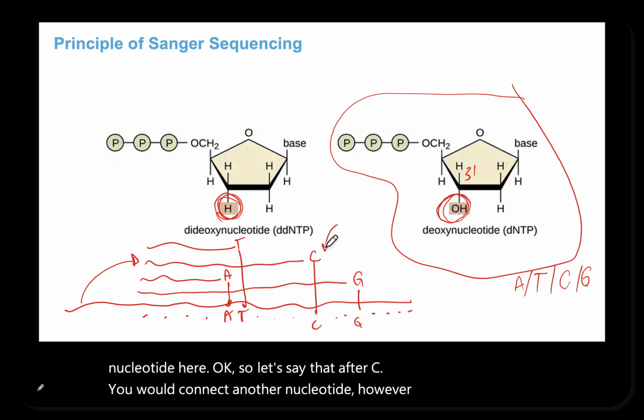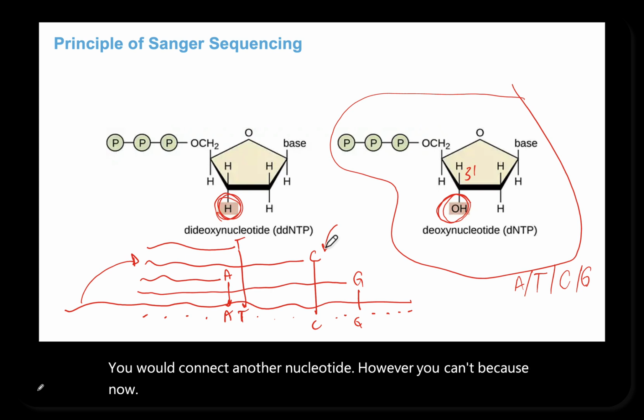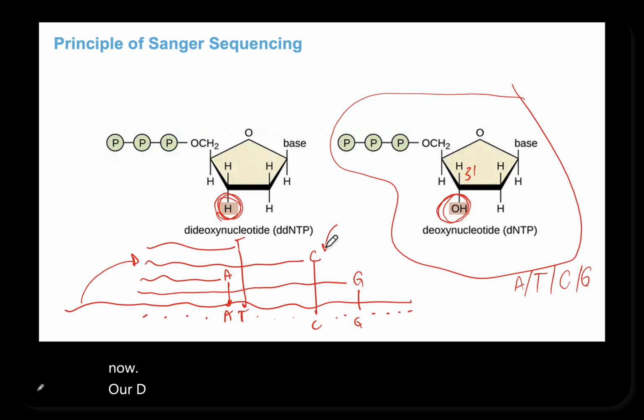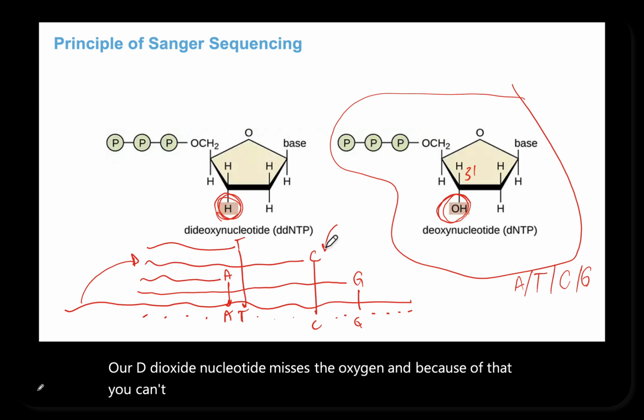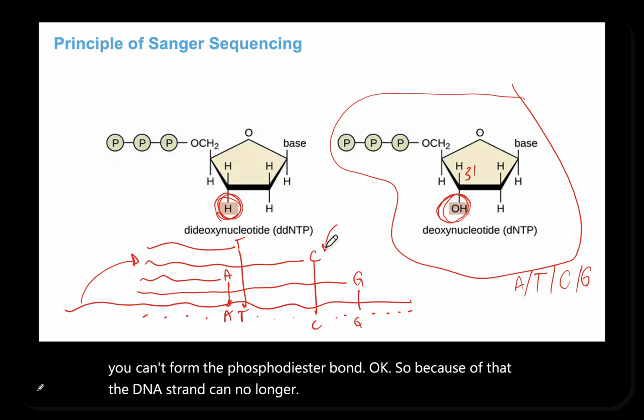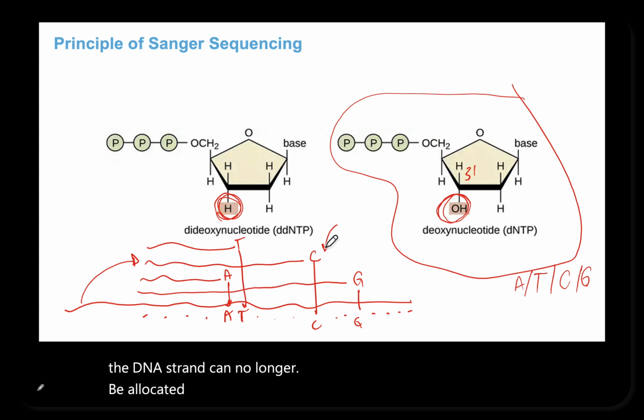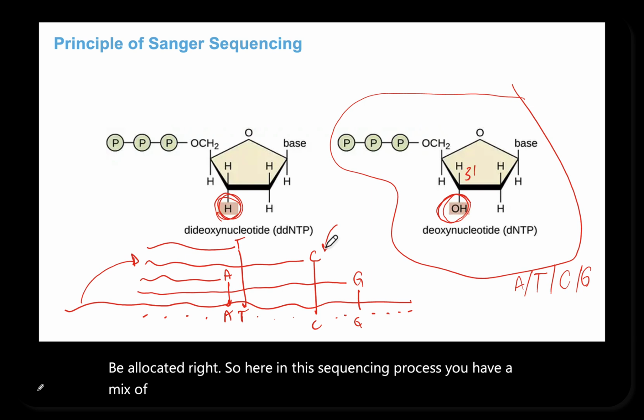However, you can't because now our dideoxynucleotide misses the oxygen, and because of that you can't form the phosphodiester bond. So the DNA strand can no longer be elongated, right? In this sequencing process you have a mix of labeled ddNTPs.